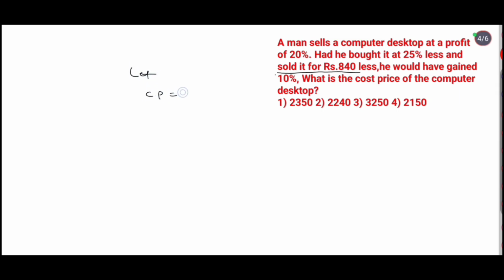Let the cost price of the computer desktop be 100. At a profit of 20%, the selling price is 120. Another way: had he bought it at 25% less, the new cost price is 100 minus 25%, that is 75.